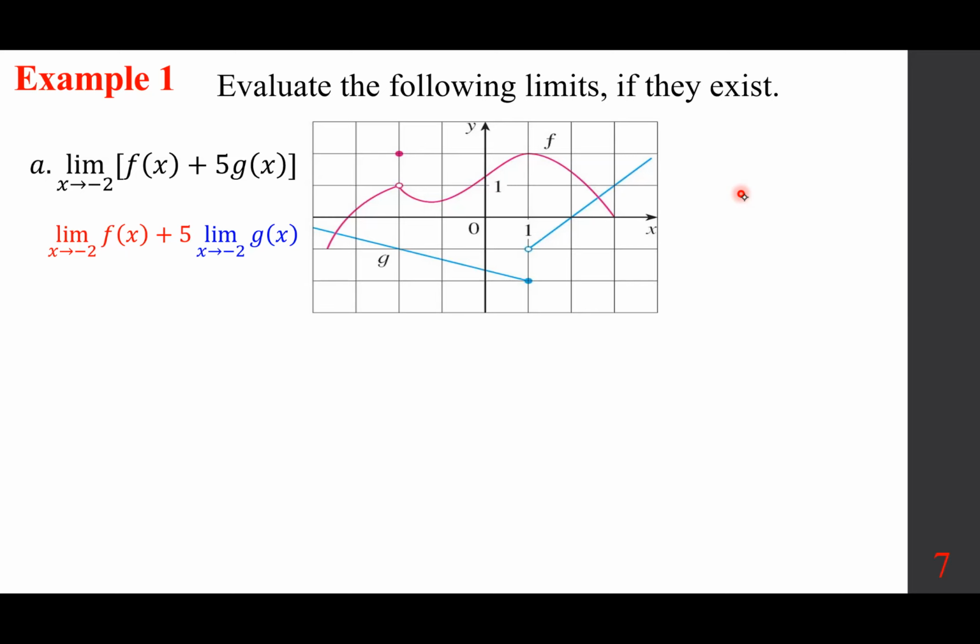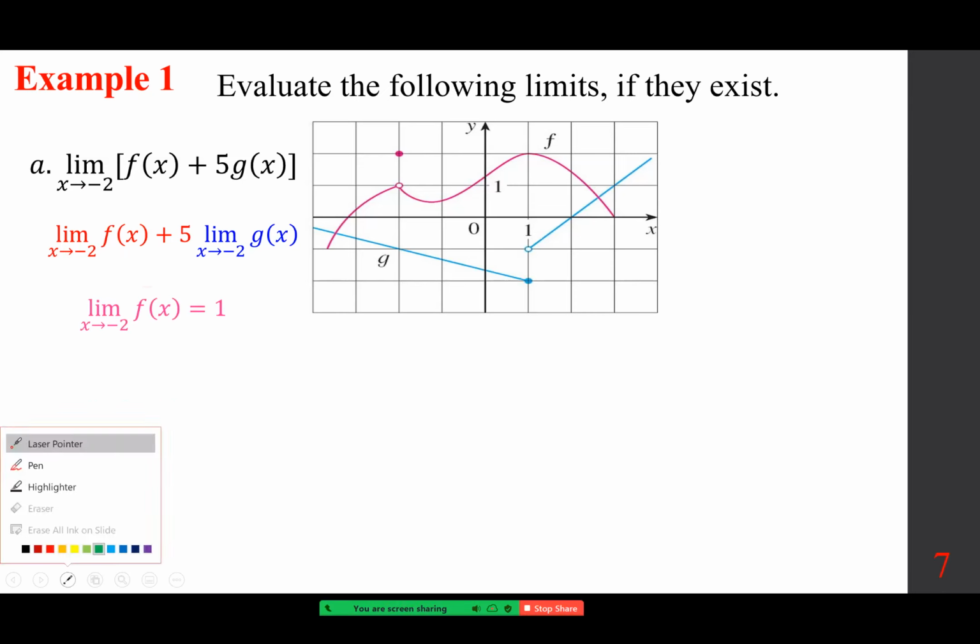Anybody knows the answer? This part? The limit of f of x as x approaches negative 2 equals 1. Perfect. The answer is 1. Let's find out why. So this is number negative 2 on the x-axis.